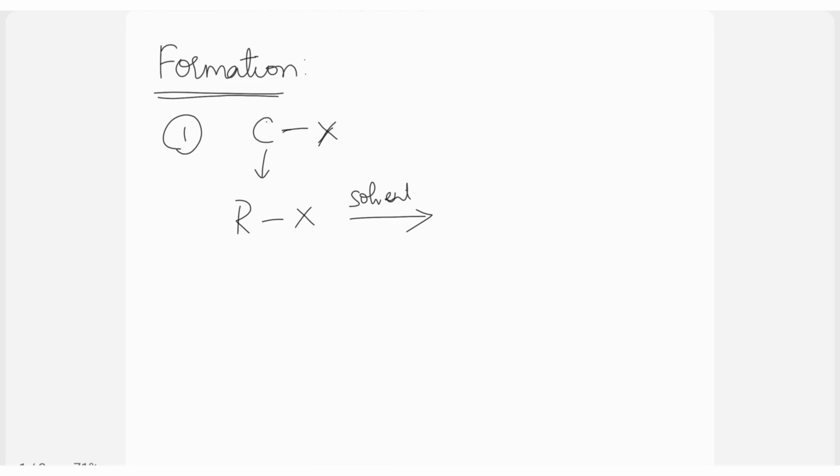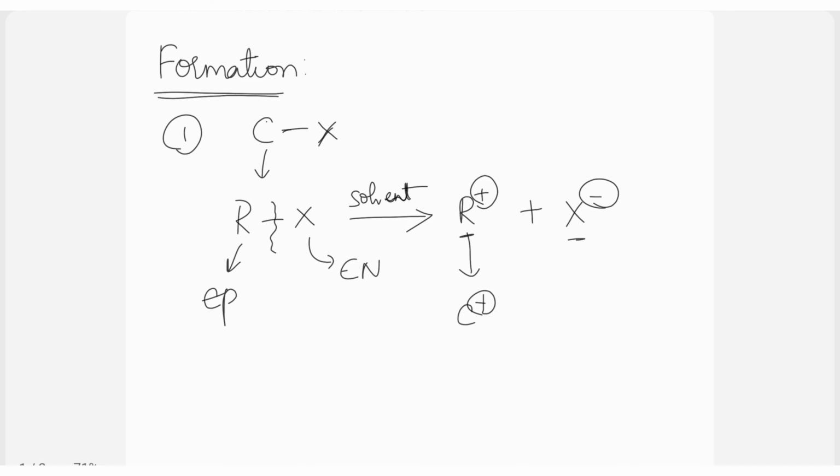It need not always be water, it could be any organic solvent. When this bond is broken, we get R plus and X minus, because generally X is electronegative and R is electropositive. So definitely X gets the negative charge and R gets the positive charge. Now this is considered to be your carbocation. This is one general example where we could see the generation of carbocation.